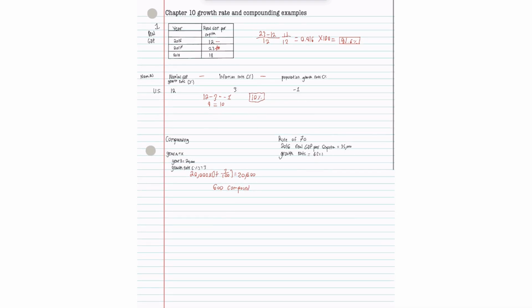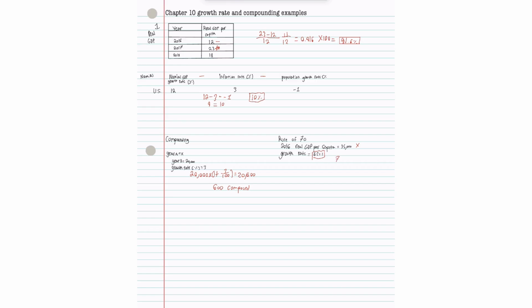And last but not least, the rule of 70. This is just how to calculate how many years until income doubles. So even though we have the real GDP per capita here, we don't really need this. We just need the growth rate part for the rule of 70. So the rule of 70 is kind of a constant.